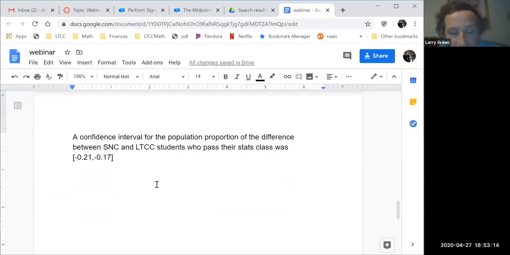Okay, so the question, so now the population difference, or the sample difference, is the midpoint of the confidence interval.